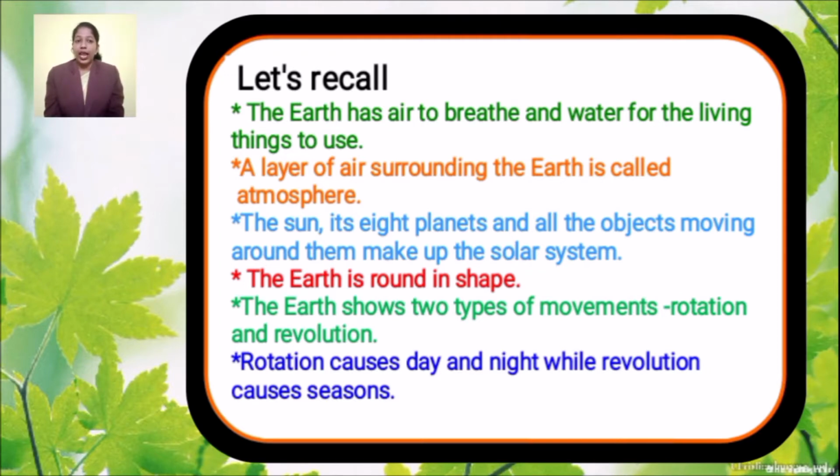The sun, its 8 planets and all the objects moving around them make up the solar system. The earth is round in shape. The earth shows 2 types of movements, rotation and revolution. Rotation causes day and night, while revolution causes seasons.